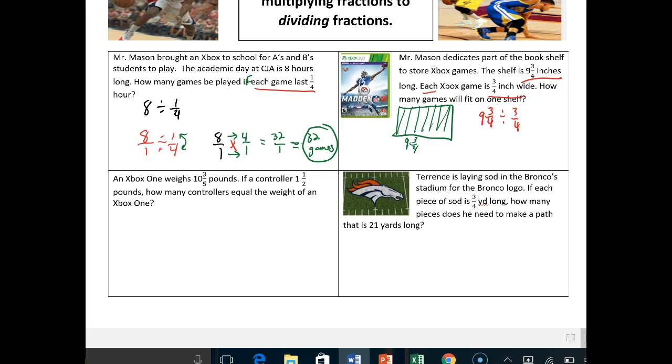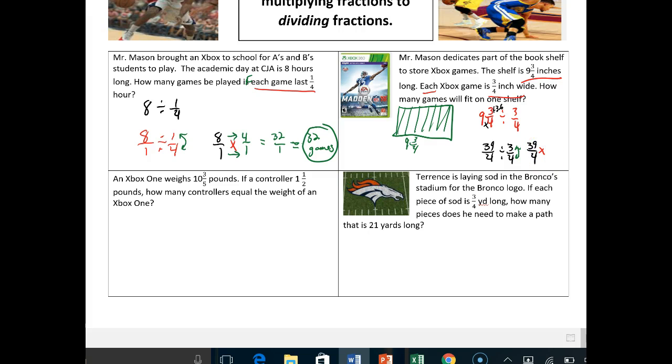Again, an alarm should go off in your head and say, I gotta change that to an improper fraction first. So 9 times 4 is 36, plus 3 is 39. So I have 39 over 4 divided by 3/4. And then you should always write this step down. Now flip it. So I get 39 over 4, that stays the same, right? Times, not division anymore.